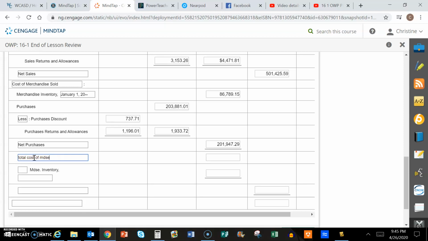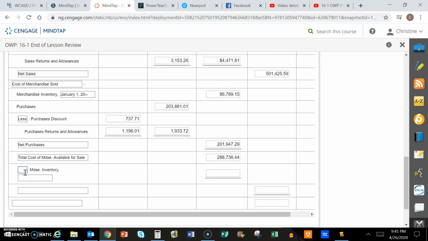Let me see, MDSE. Yep, that's what they wanted us to abbreviate that. So the total that you have available for sale is 288,736.44. And all I did there was I added 86,086 plus 281.